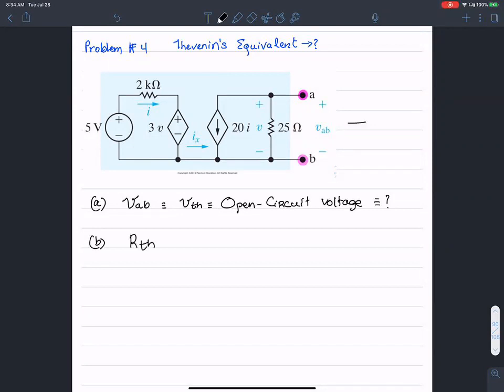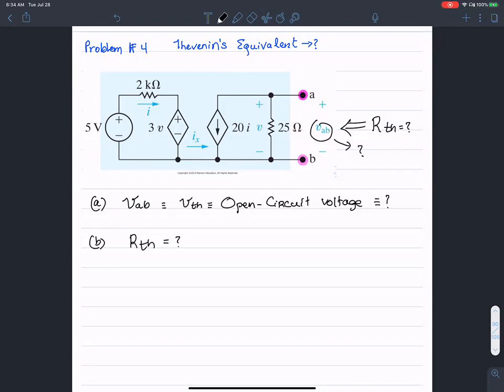What is the resistance looking into these terminals? What is VAB? That's problem A.